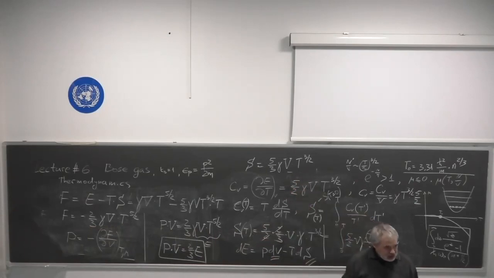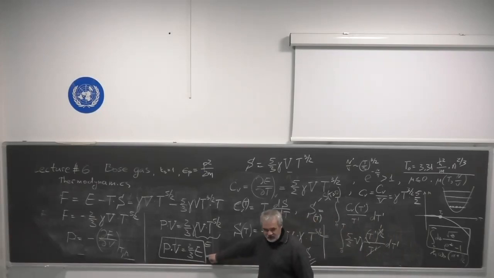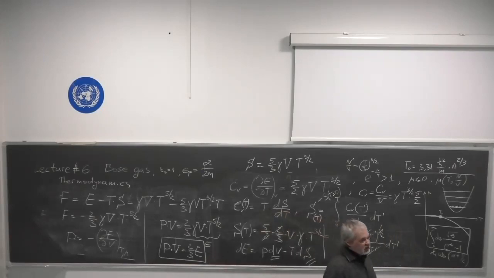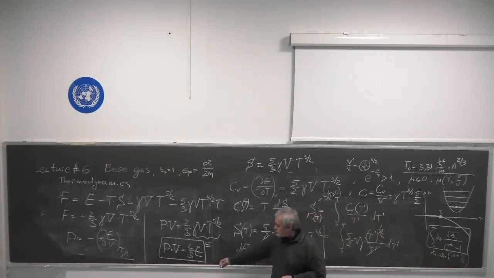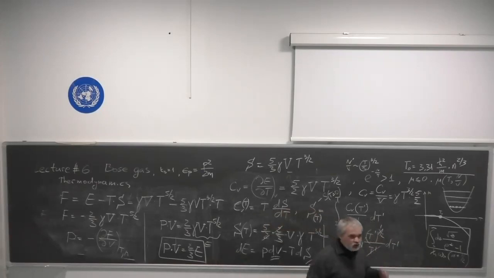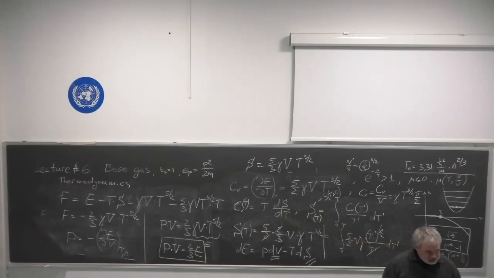And indeed, if you take the classical limit, where the energy is just 3/2 times N kB times temperature, then we get the Mendeleev-Clapeyron equation: pressure times volume is equal to N kB T. So this equation of state perfectly describes both the quantum limit and the classical limit.